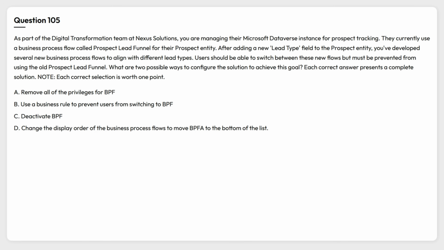Option D, change the display order of the business process flows to move BPF A to the bottom of the list. The correct answers are Option C, deactivate BPF. Option D, change the display order of the business process flows to move BPF A to the bottom of the list.